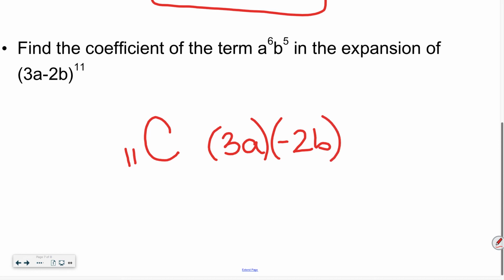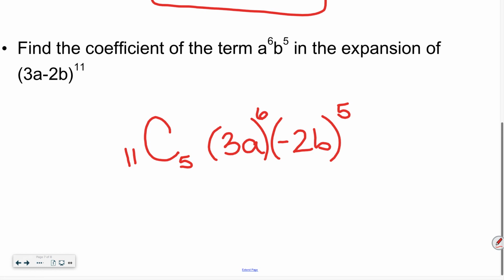Why is it negative 2b? Because we're subtracting. What does the power of a need to be? What does the power of b need to be? And if the power of b is 5, what does that mean about this number right here? That better be 5, because this number is always going to match this exponent when we set up.